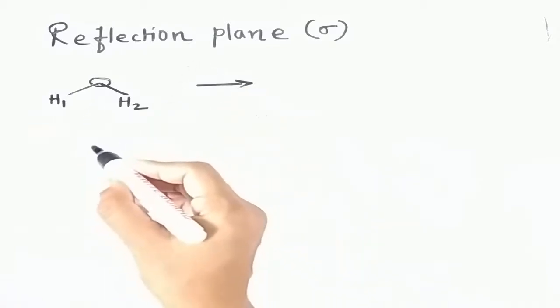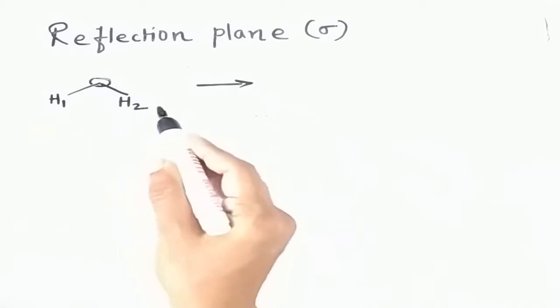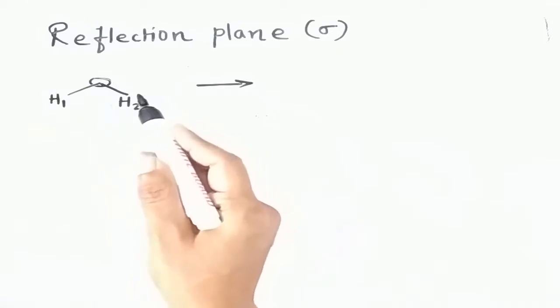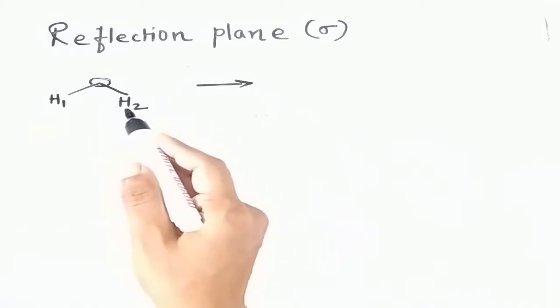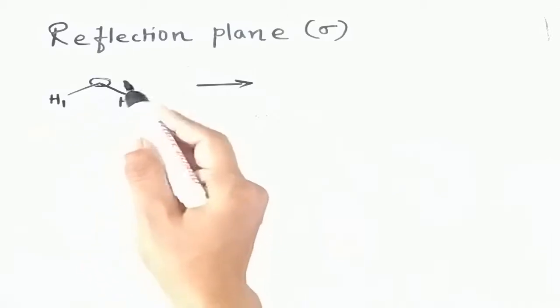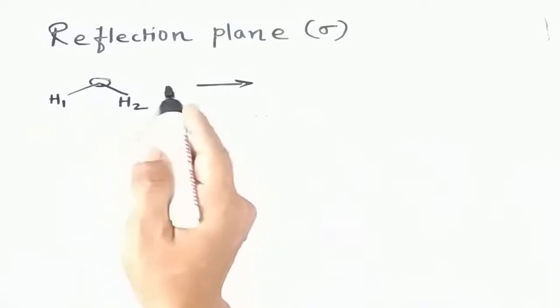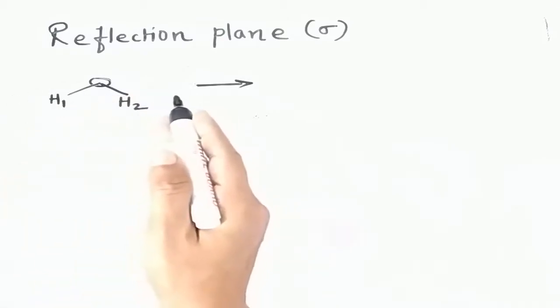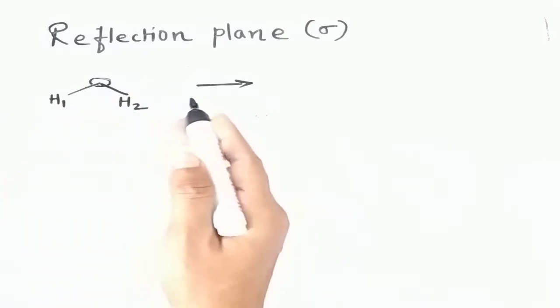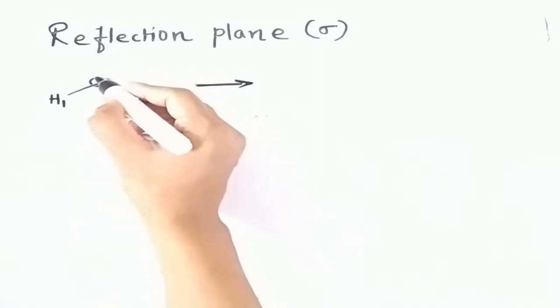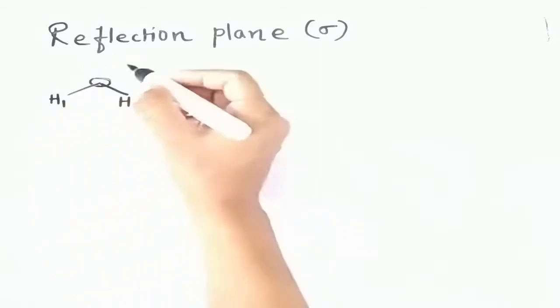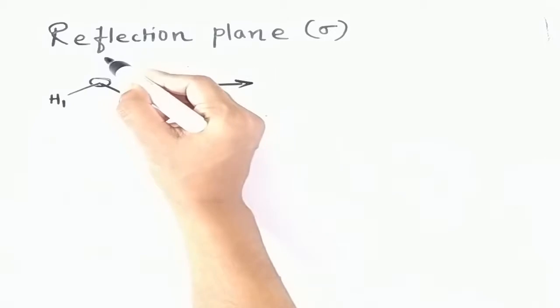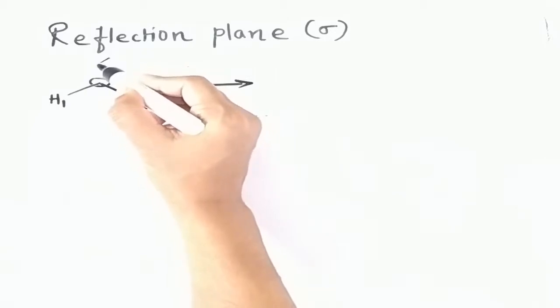Now a plane or a reflection plane is an imaginary plane which passes through the body of a molecule and divides it into equal halves, or we can say that two equivalent halves are created by application of such a plane. Now I will draw a plane in this water molecule.